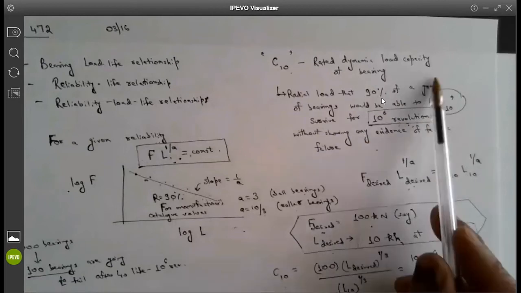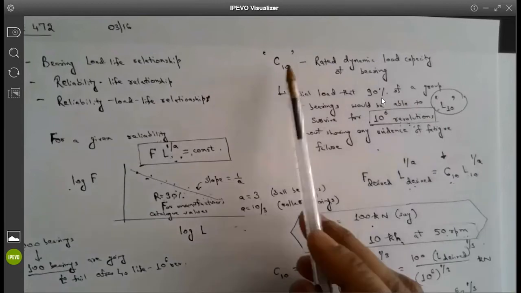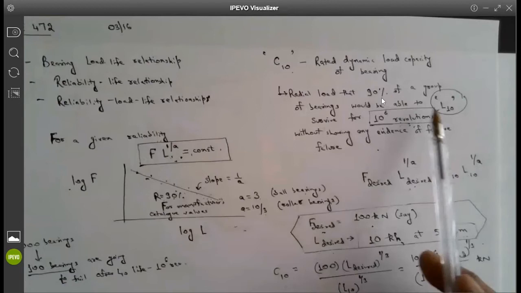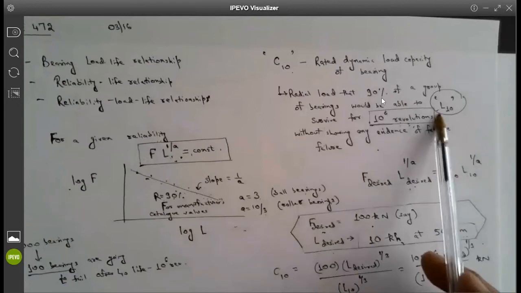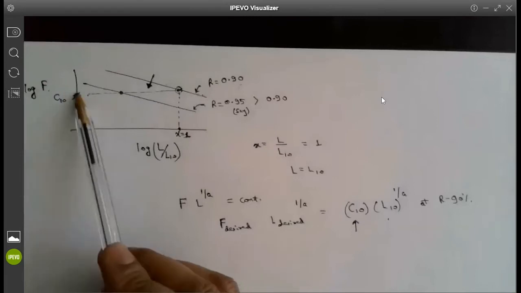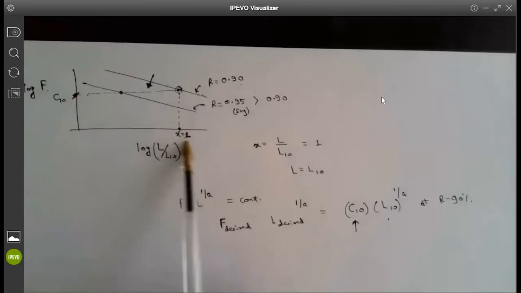This is the definition of C10 load. So for the C10 load, corresponding to 90% reliability, the life measure is your L10 life. L is equal to L10, so X equals 1.